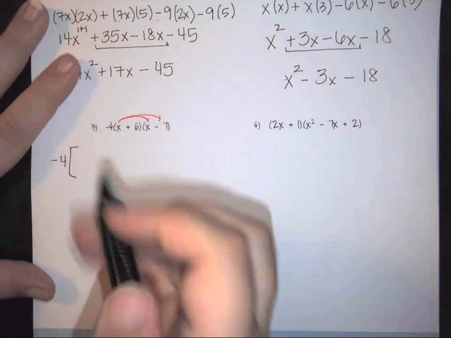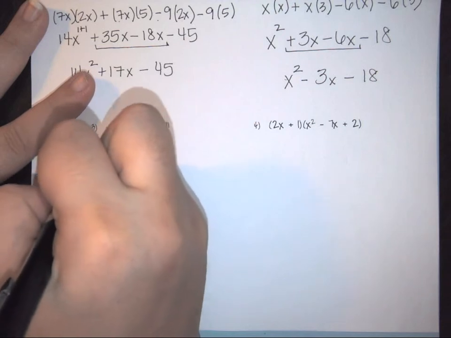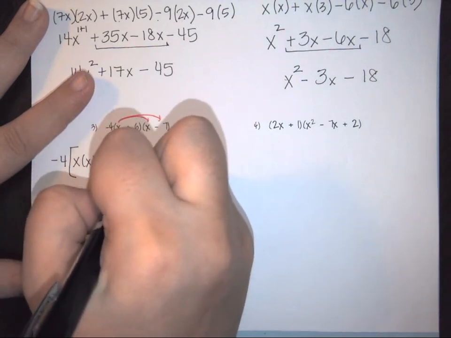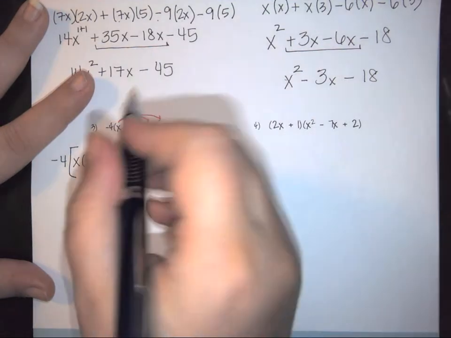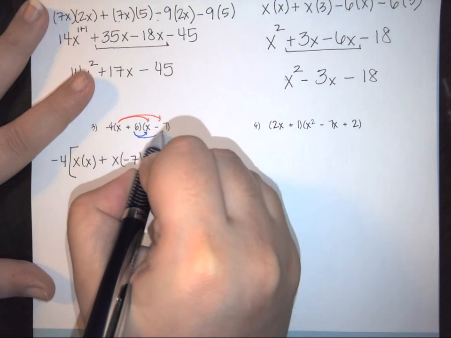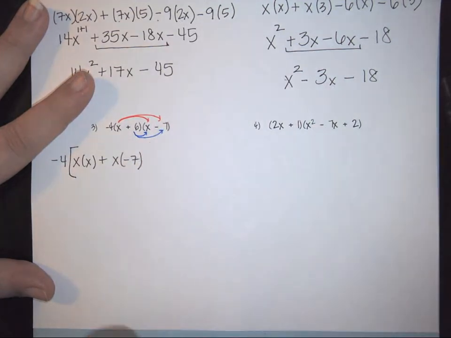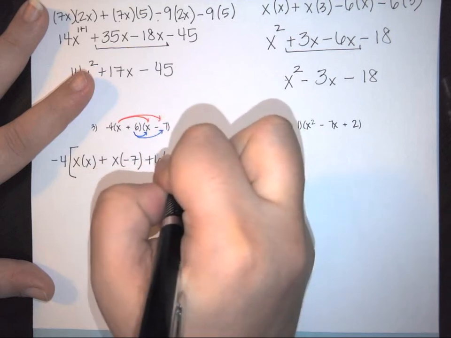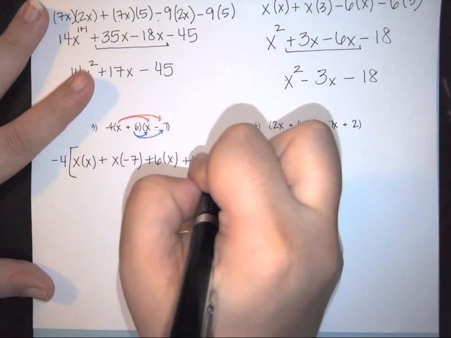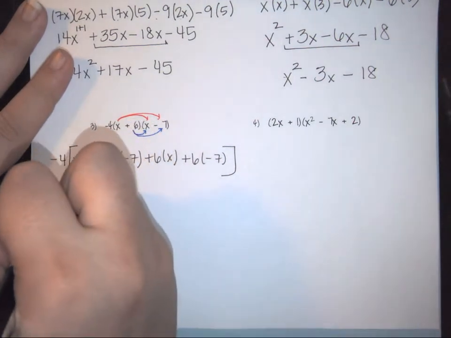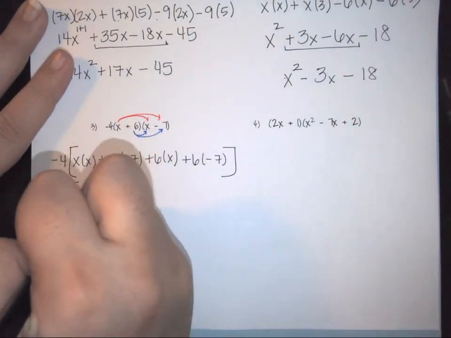We're going to have x times x, and then we're going to have x times the negative 7. We then have to take the 6 and we're going to distribute that through. So we're going to have my 6 times the x and my 6 times the negative 7 and close your bracket. That negative 4 is going to remain on the outside for now.